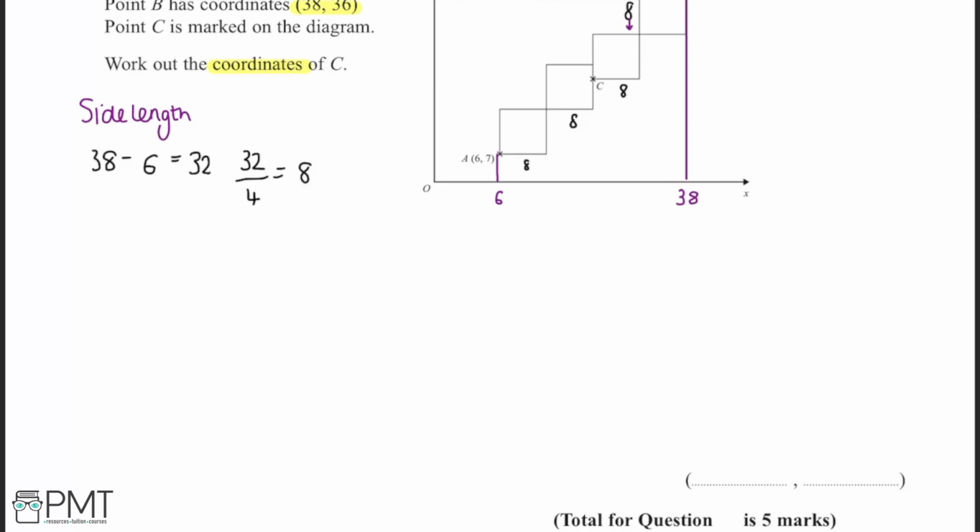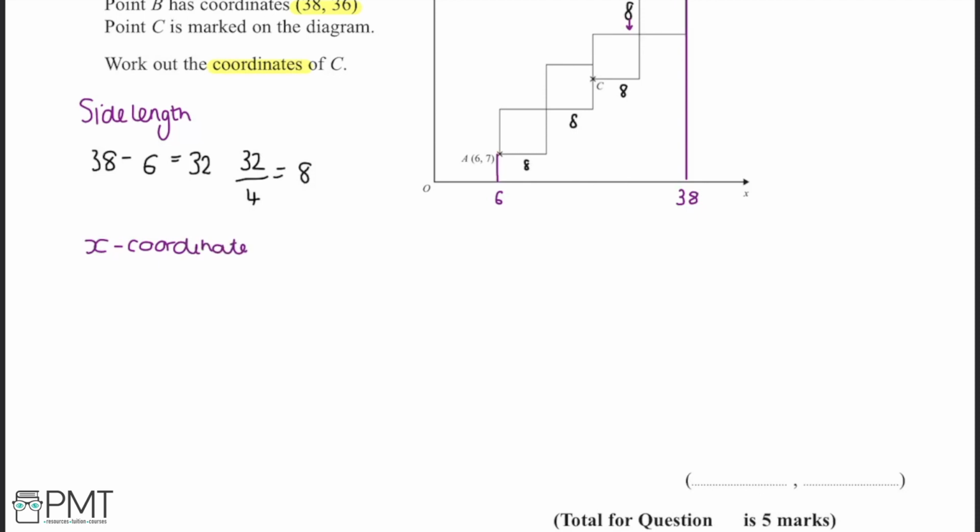So I can see that point C is going to be 2 complete side lengths away from point A and point B if we're going on the x-axis. So if I take the x-coordinate of point A, which is 6, I can then work with this.